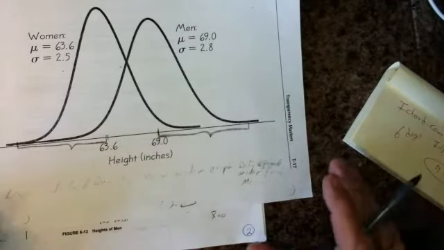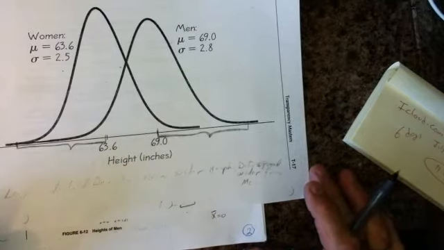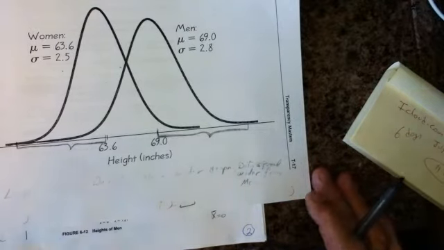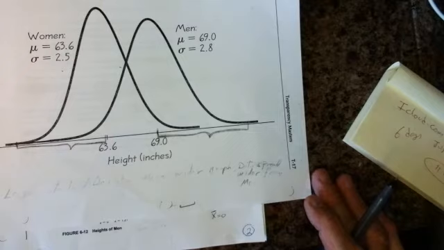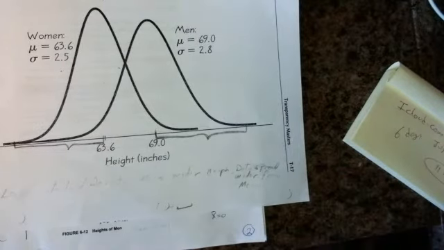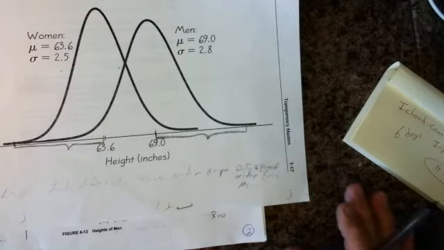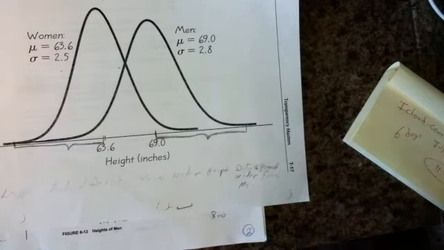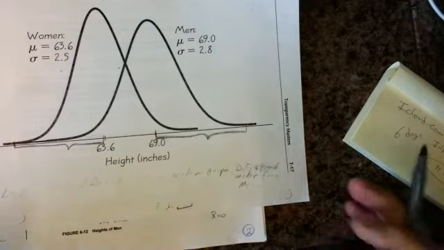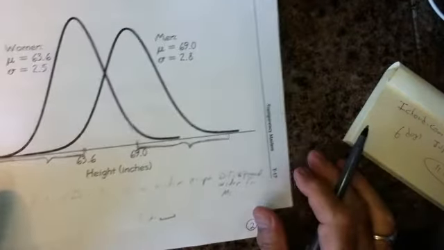So since there are so many X values and standard deviation values, we need to do the conversion, because the only table we have right now is table A2, which is designed based on Z. So we have to do a conversion from X to Z in order to use the tables.